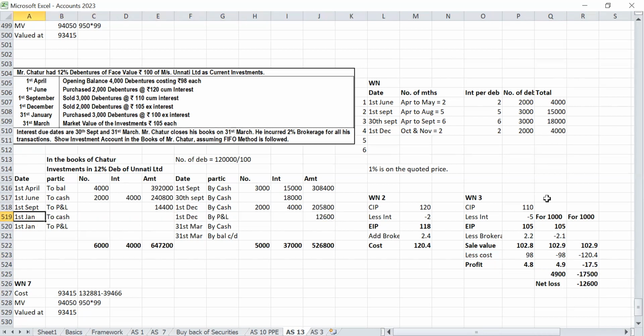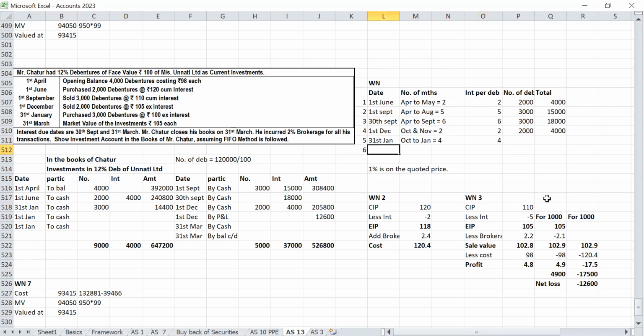Next, 31st January, to cash, purchase 3,000 debentures, 1st January, 3,000 debentures, ex-interest is 100. First interest: interest for 4 months, October to 31st January.